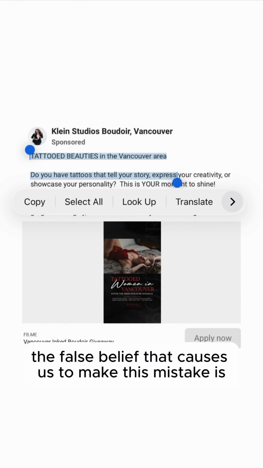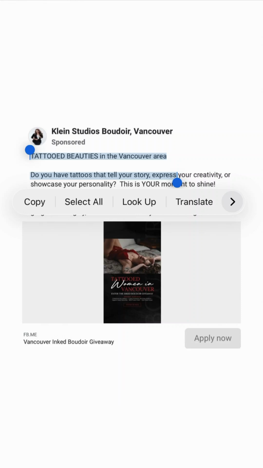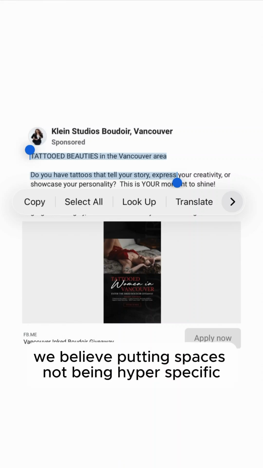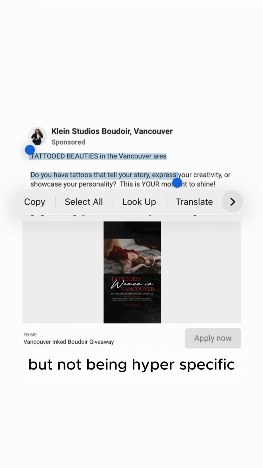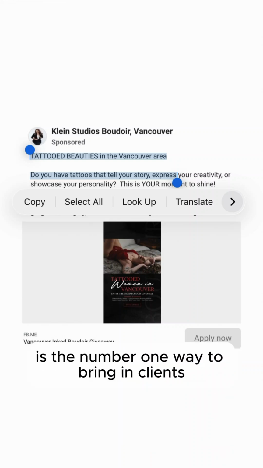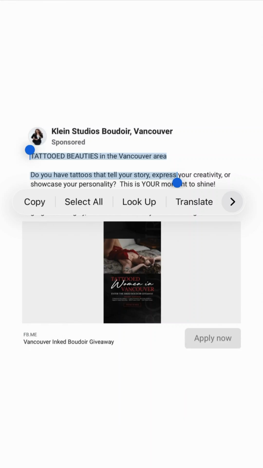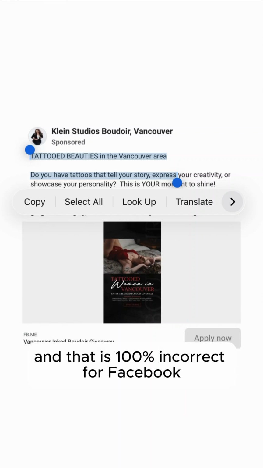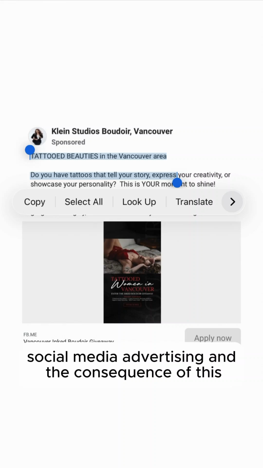The false belief that caused us to make this mistake is that we believe putting spaces, not being hyper specific, we are a little specific here, but not being hyper specific into who we're speaking to is the number one way to bring in clients. And that is 100% incorrect for Facebook social media advertising.